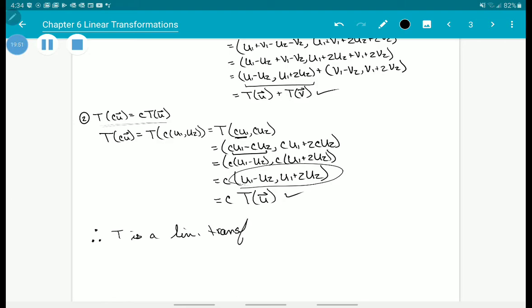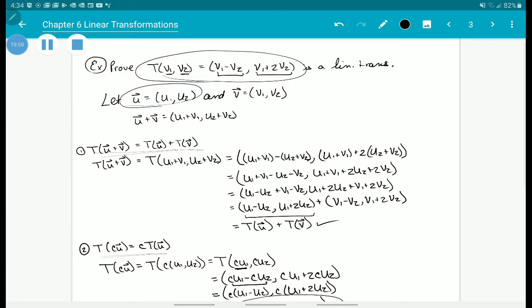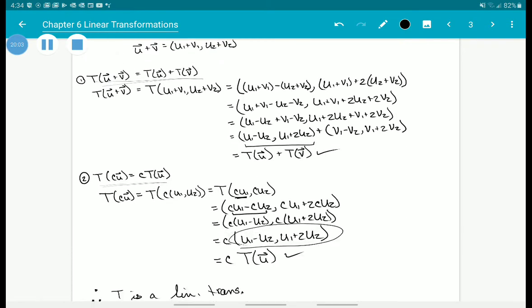Therefore, we do have a linear transformation. I'm going to abbreviate transformation that way. Piece of cake, right?